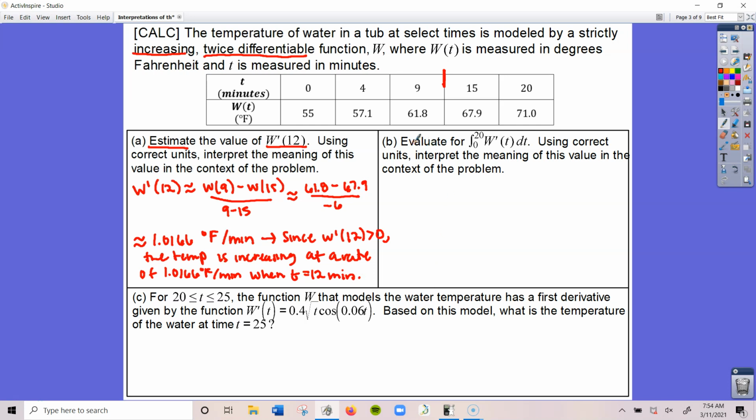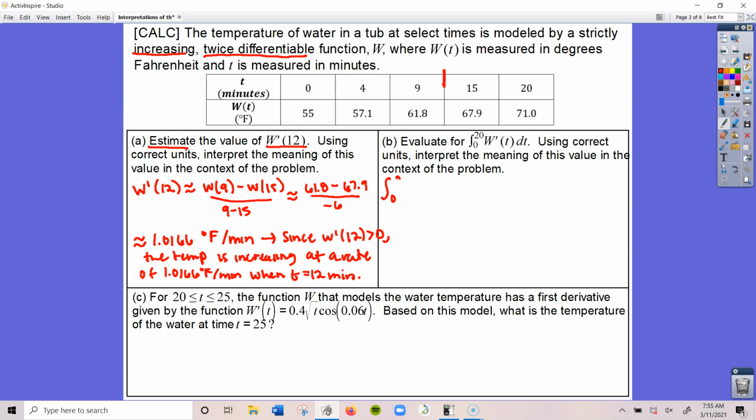Now here we have evaluate the integral from 0 to 20 of w prime of t dt. Using correct units, interpret the meaning of this value in the context of the problem. So since we're integrating w prime, that means our answer would be w of t, which are the values given here in the chart. So here I'm going to have to use the FTC.